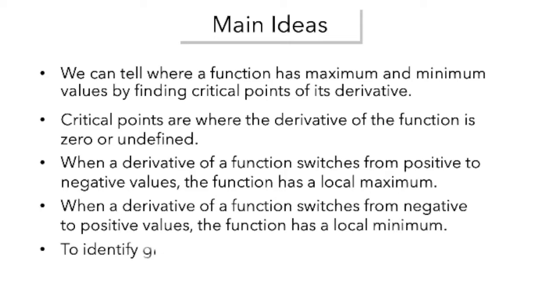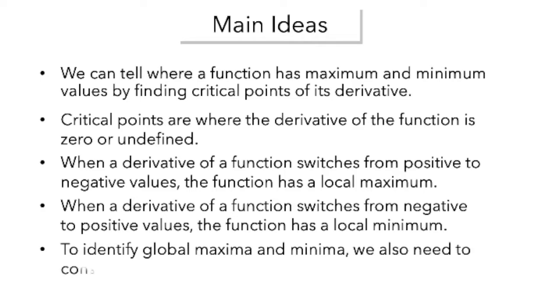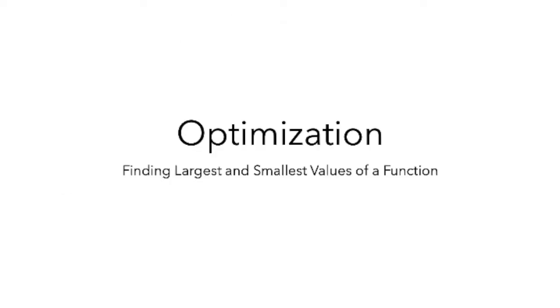To identify global maxima and minima, we also need to look at the endpoints of the function. So, optimization is about finding the largest and smallest values of a function on an interval.